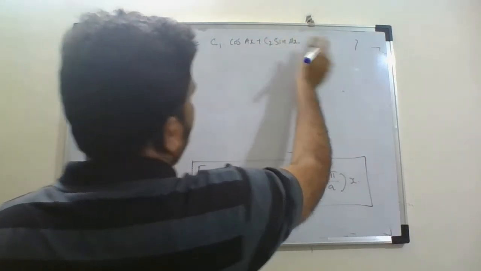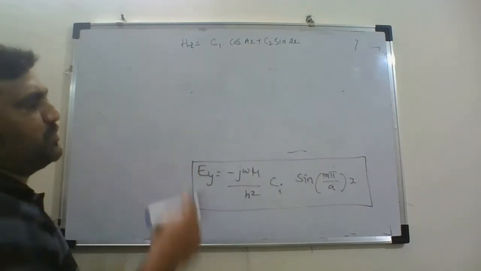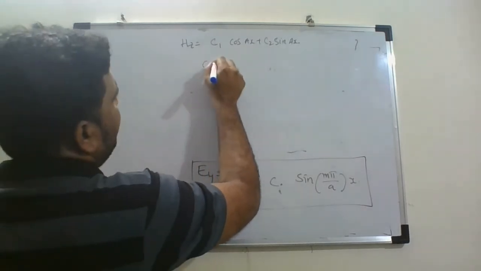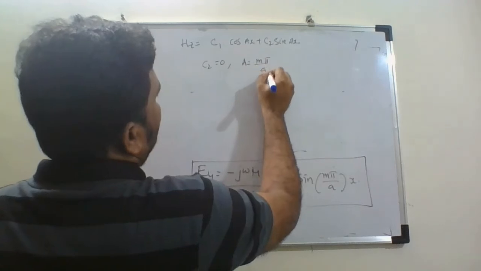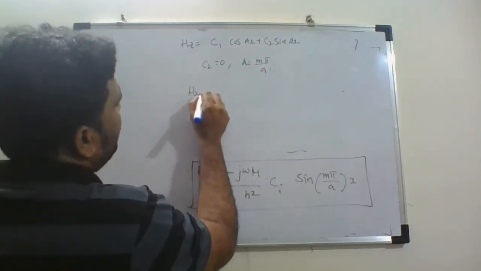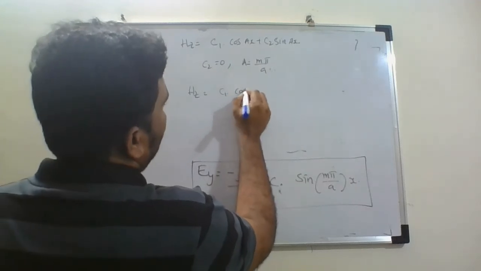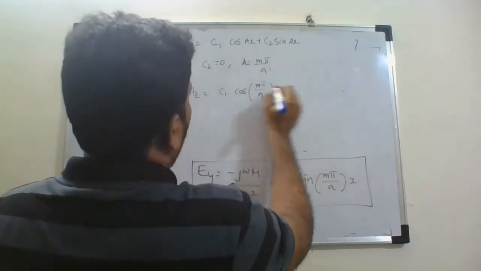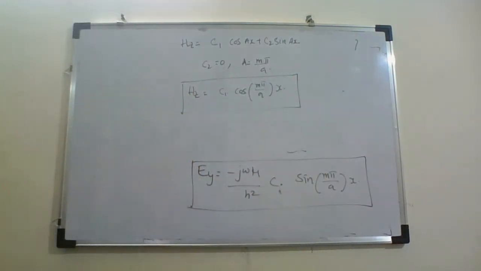Sorry, we had taken it in reverse. Now in this expression, let us substitute C2 equal to 0 and A equal to m pi by A. So Hz is equal to C1 into cos of m pi by A into X. This is the simplified expression for the Hz component.